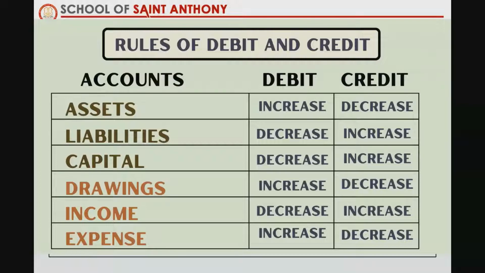Baliktad kay liabilities, capital, and income. As you can see here, liabilities, capital, income, they increase on the credit side. Kapag nag-increase yung tatlong account na yan, ilalagay natin sa credit. Pero pag nag-decrease, ilipat natin sa kabila, the opposite side, which is debit.